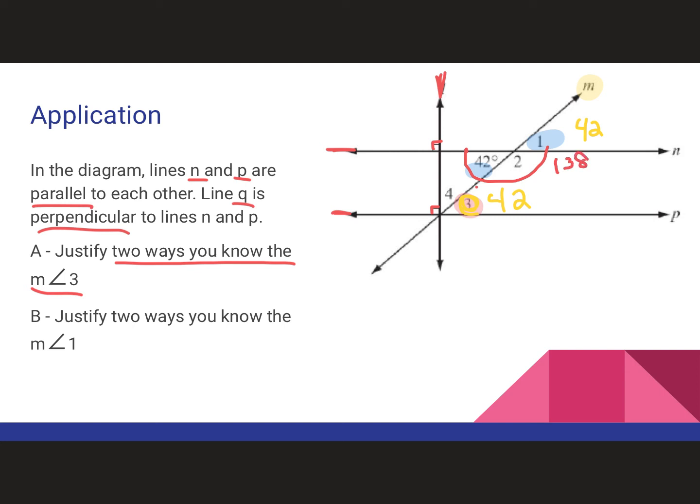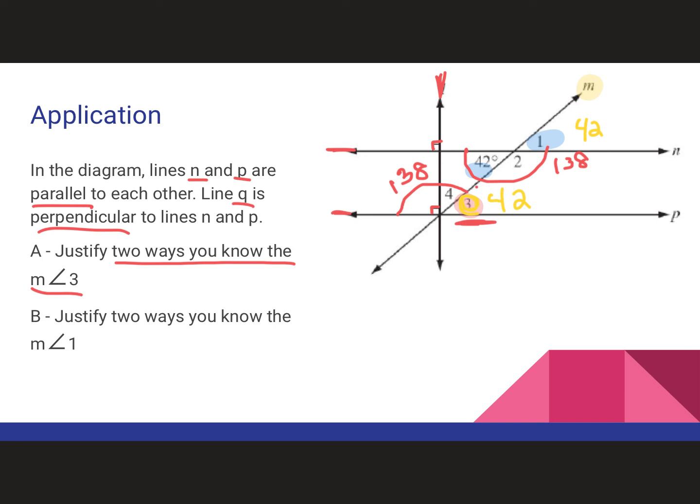If angle 2 is 138, then that means that this angle here is 138, which means that all that's left to create this is the 42. Okay, so that's how two different ways we know the measure of angle 3.